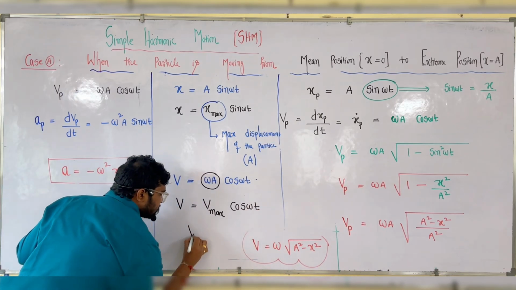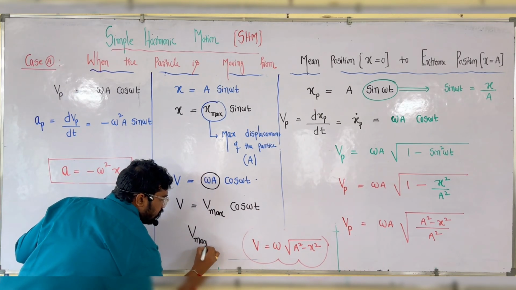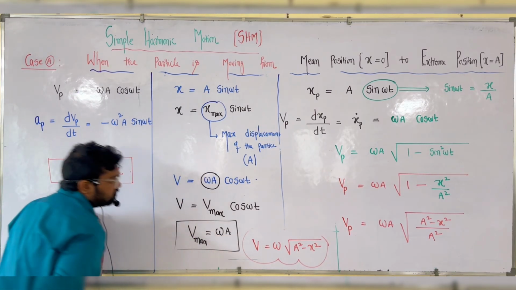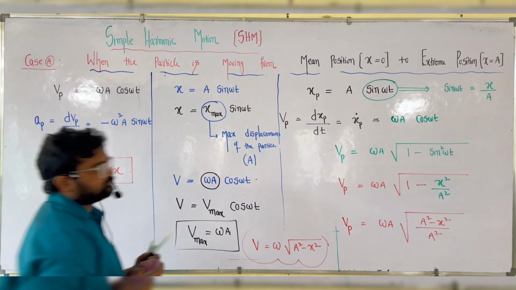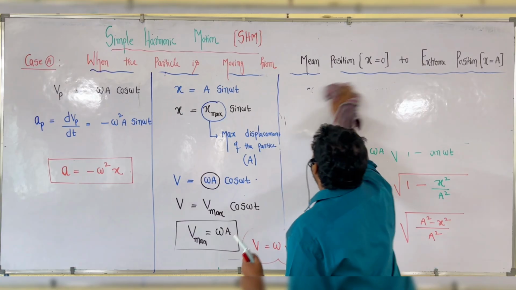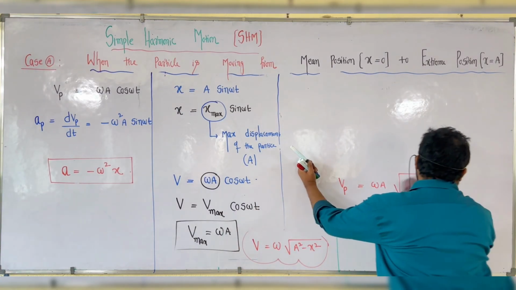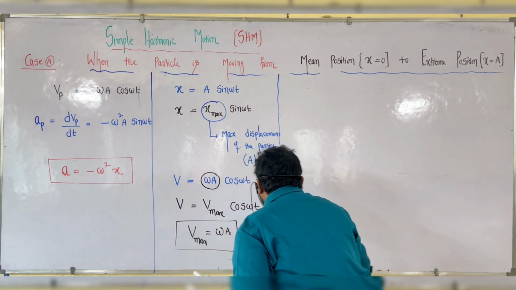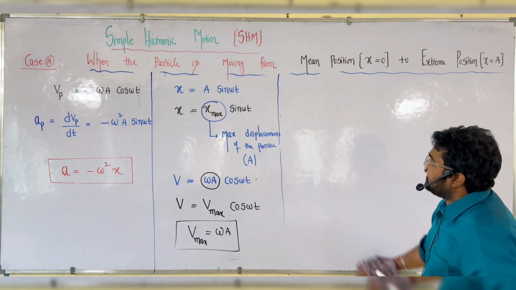So v maximum equals omega a. Omega a is the maximum velocity of the particle.